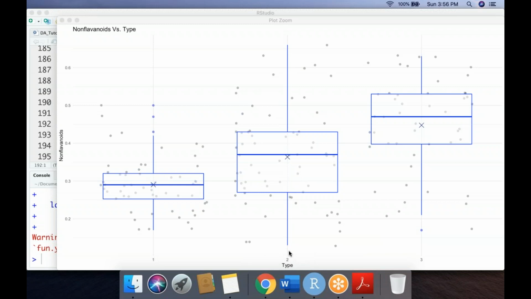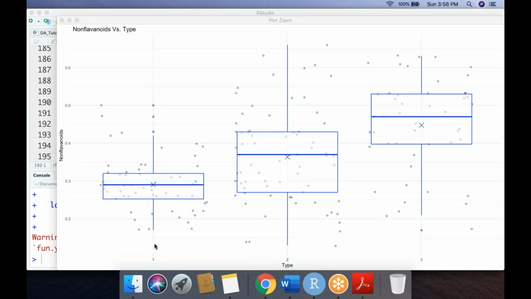If you look at the coverage by hinge, it is overlapping for all three types 1, 2, 3. So I absolutely agree with you, because non-flavonoids alone will not be a very good predictor of type. That is also going to be the finding.